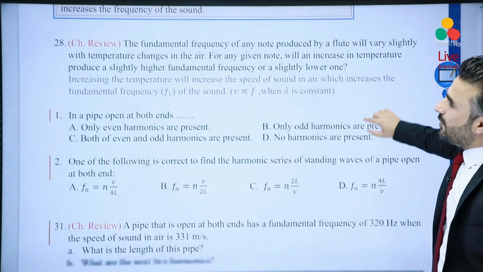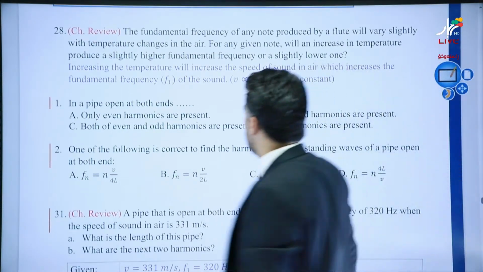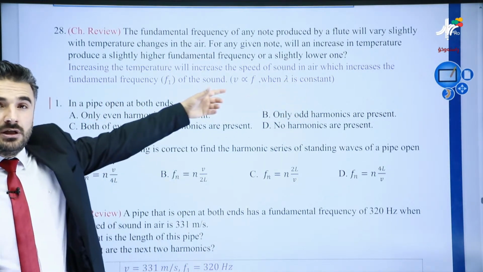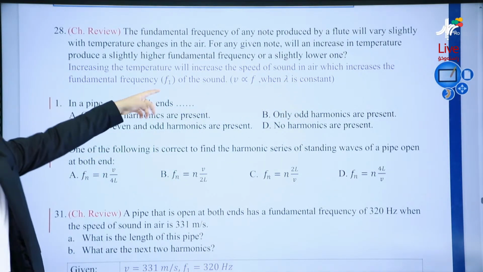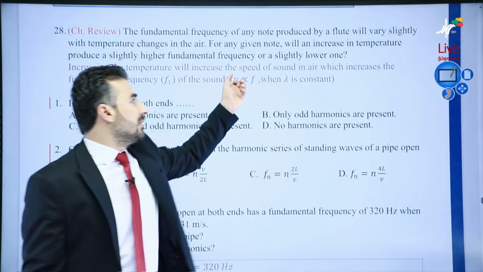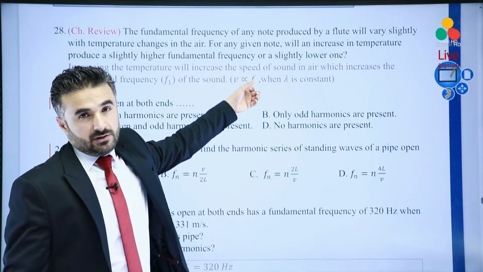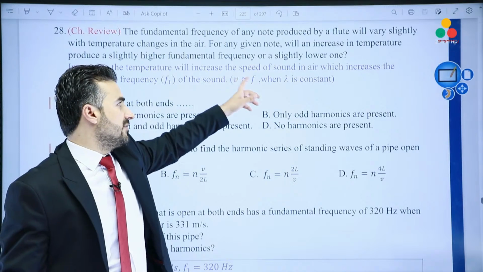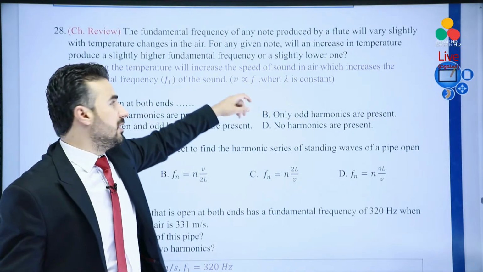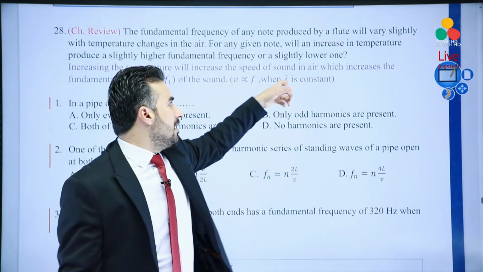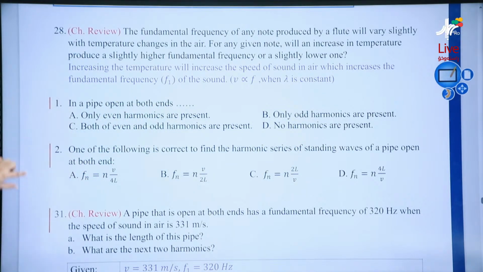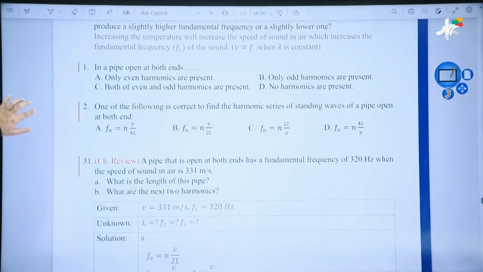Increasing the temperature will increase the speed of sound in the air, which increases the fundamental frequency of the sound. Remember, v is directly proportional to the fundamental frequency, or vice versa. The fundamental frequency is directly proportional to v when L is constant.